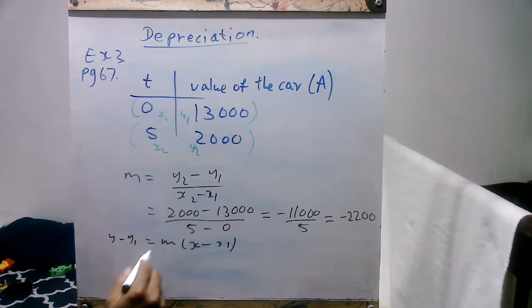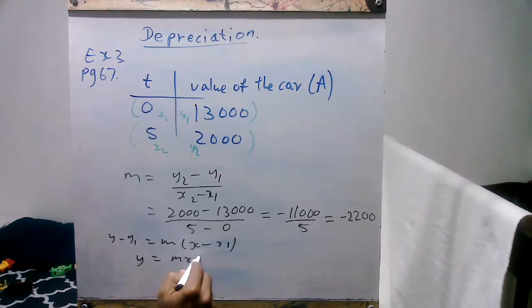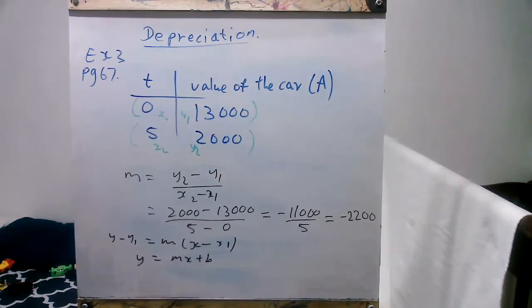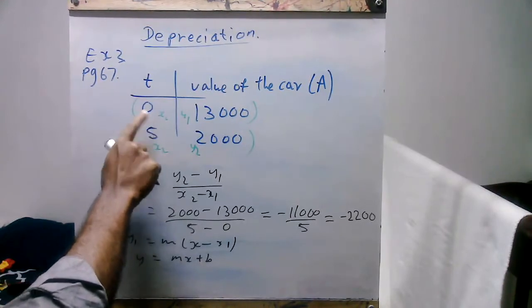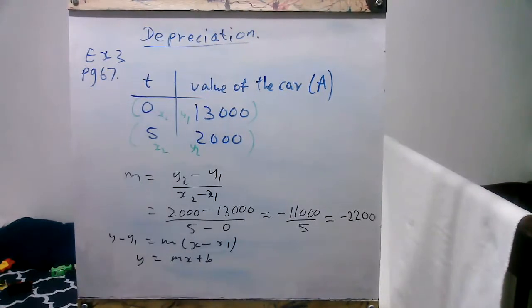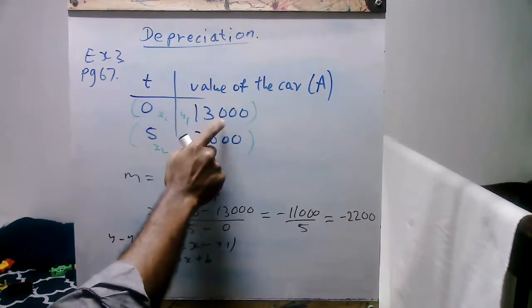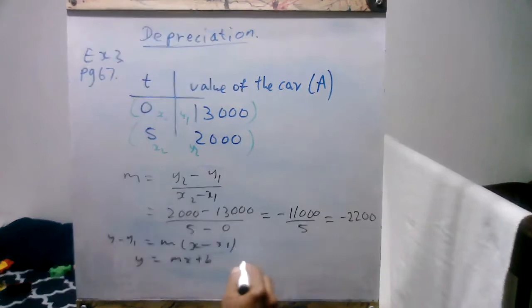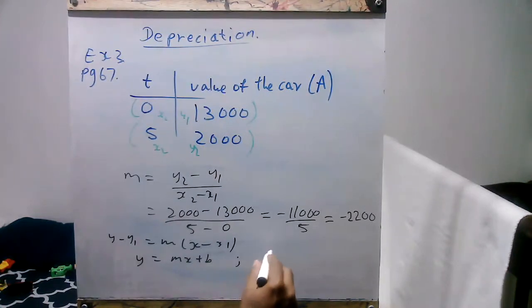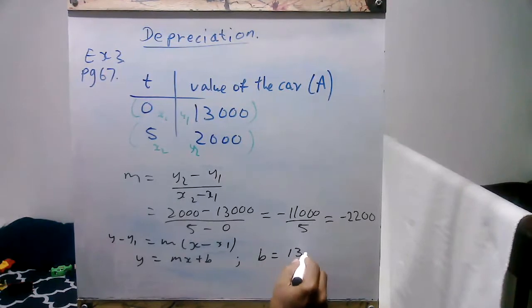We can directly substitute in y equals mx plus b form. It is given that when x value is 0, it is 13,000. That means its y-intercept is 13,000. B is 13,000.